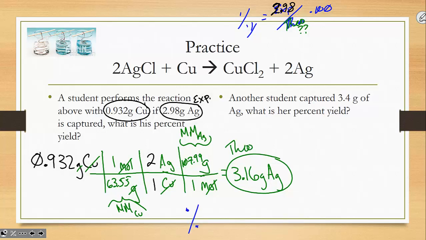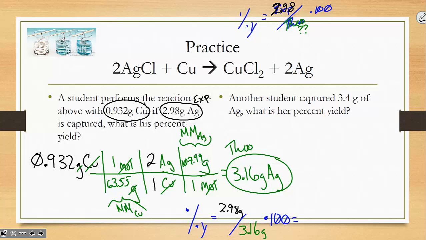Again, percent yield is when we take our experimental yield, 2.98 grams, and divide by our theoretical yield, which we just calculated as 3.16 grams. And it's a percentage, so times 100.